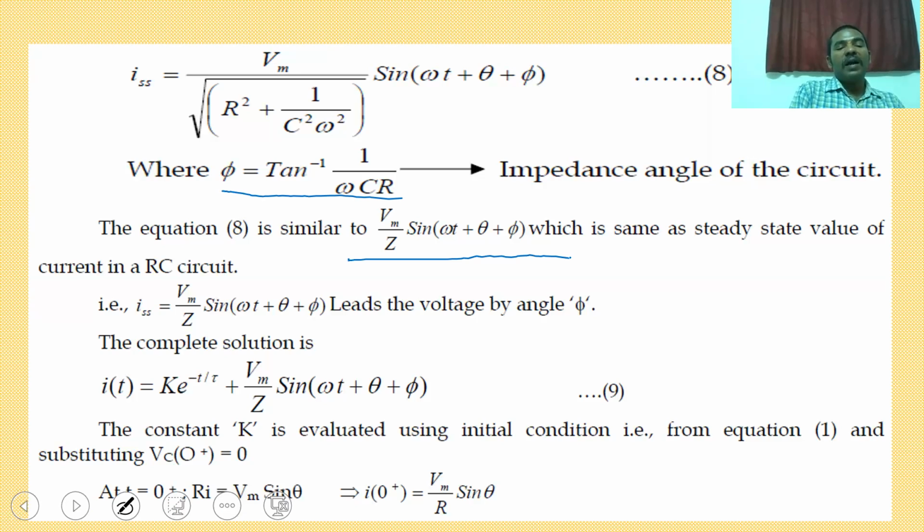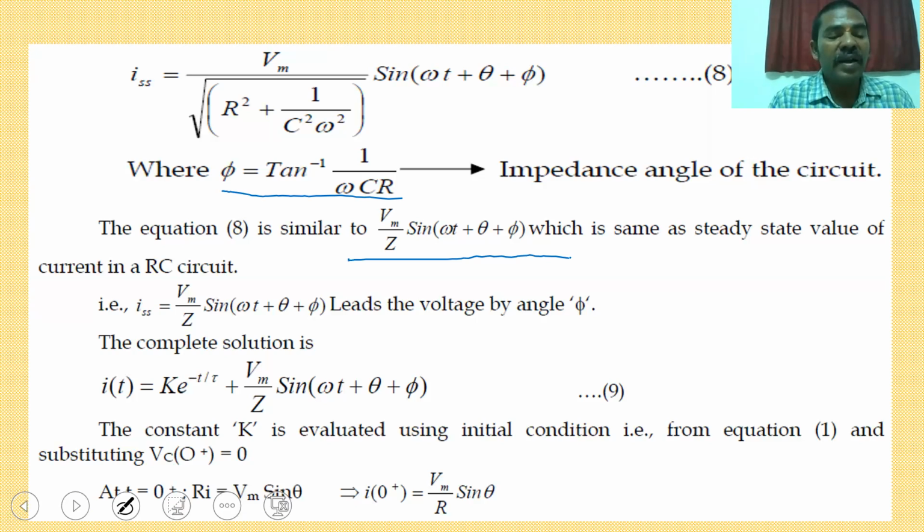So now the complete solution is the natural response plus the forced response, that is, the transient current and the steady state current. So i of t is equal to k e power minus t by tau plus Vm by Z sin omega t plus theta plus phi. For finding the value of k, we have to substitute the initial conditions.